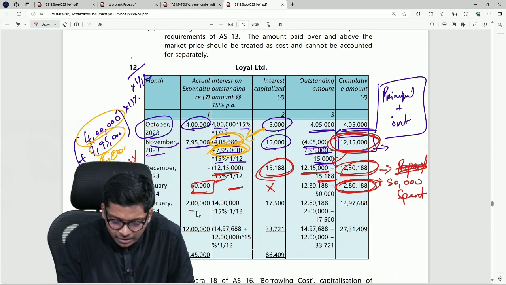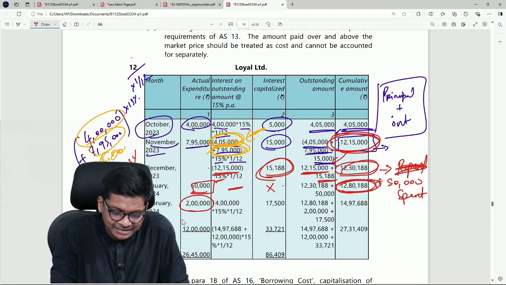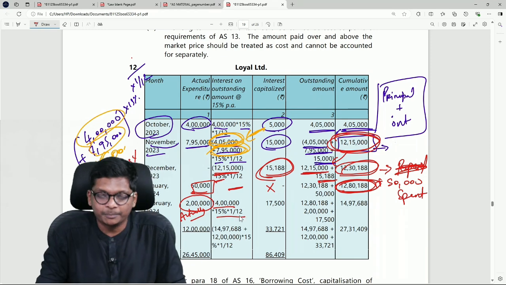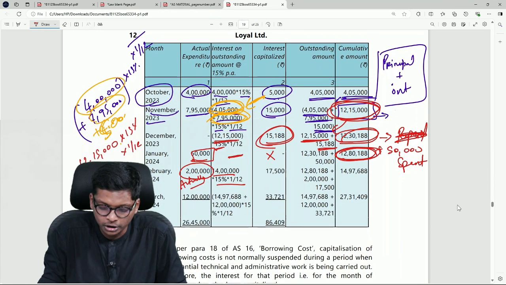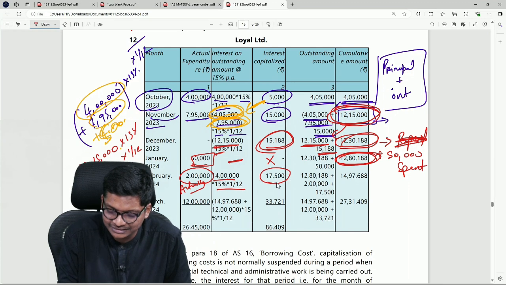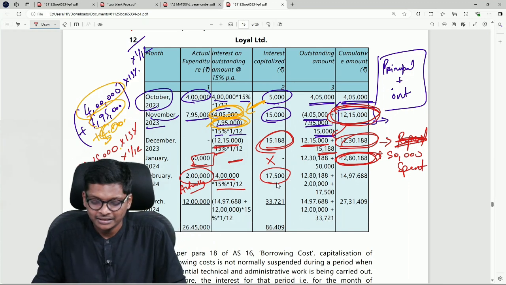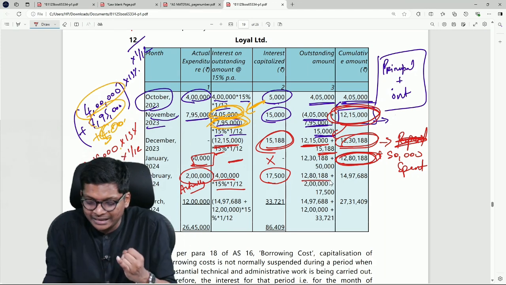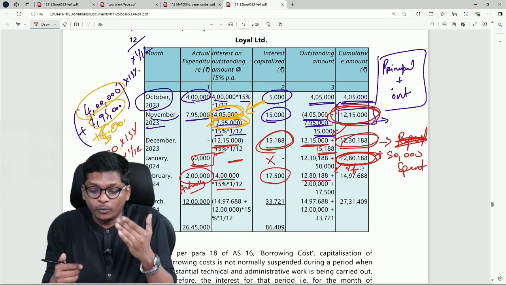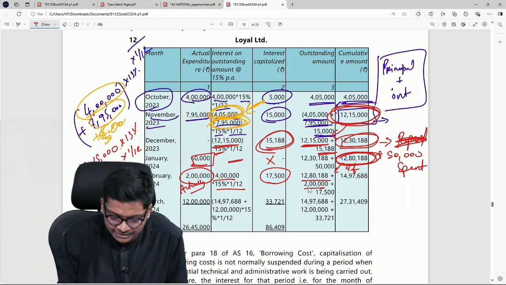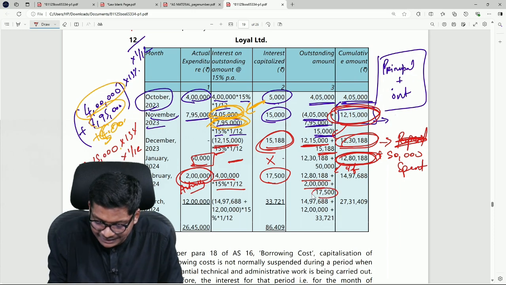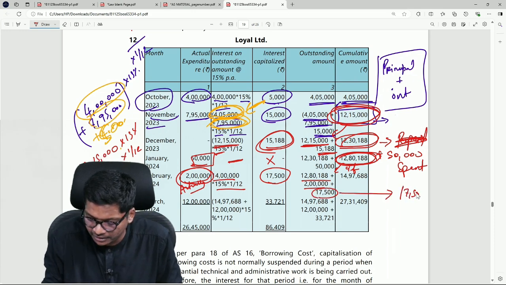In Feb, even though 2 lakhs is actually spent, you are taking a new overdraft of 14 lakhs into 15% into 1/12. You got a new sanction limit. So interest is 17,500. Therefore the new figure will now be 12,80,188, previous carried forward, plus new 2 lakhs, what I have spent out of my OD, plus interest alone is 17,500.